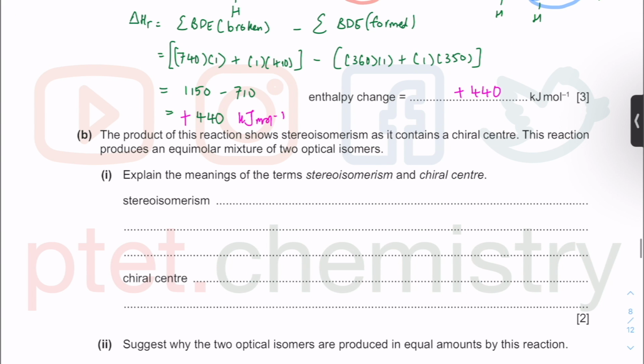Now, the product of this reaction shows stereoisomerism. We know that stereoisomers refer to molecules having the same molecular formula. So they have the same molecular and also structural formula. That is why they are not called structural isomers. They are called stereoisomers.